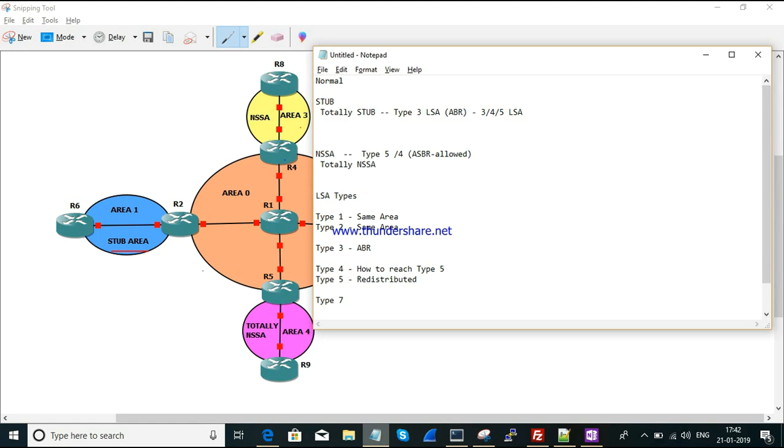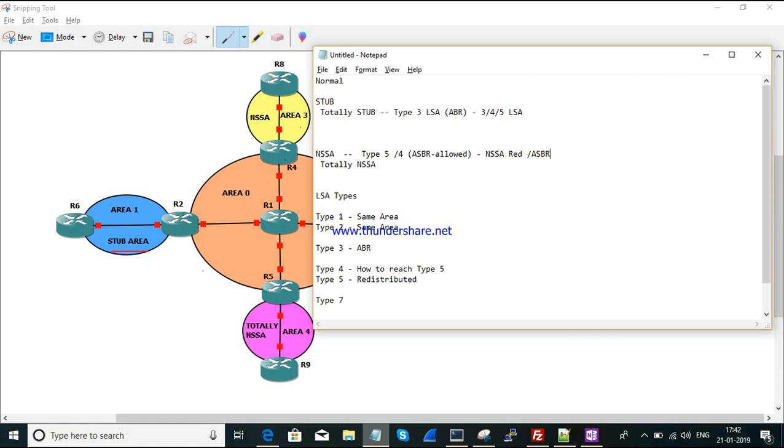How is ASBR allowed? Since type 5 is blocked, automatically ASBR is also blocked, right? But it has some special characteristic, it creates a special type of area. This is where NSSA plays a role. It will create a special LSA called type 7 LSA, which is nothing but a not so stubby area LSA. With the help of this LSA, you can do redistribution.